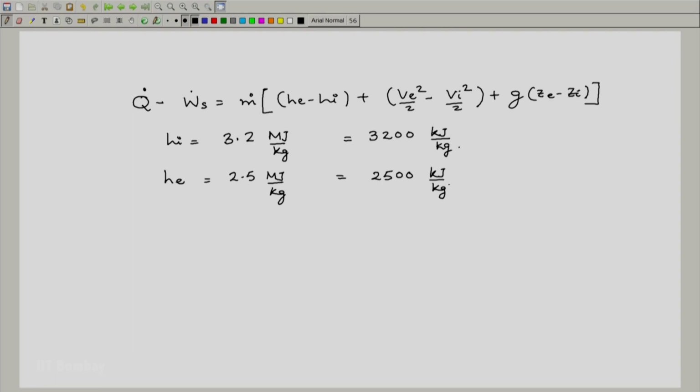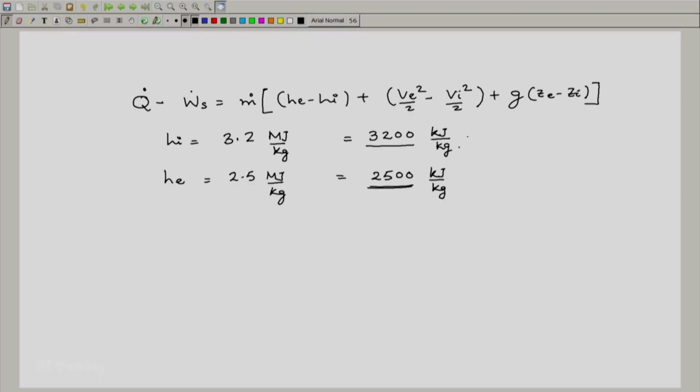These are numbers I had mentioned in the previous snippet: around 3200, 3300, 3400 kilojoule per kg is a typical inlet to turbines, and at the exit you can expect anywhere between 2500 to 2600 kilojoule per kg. So these are typical numbers. Of course, if the turbine had an inlet at much lower pressures, you would have much lower numbers here, but still around 2900 or so.